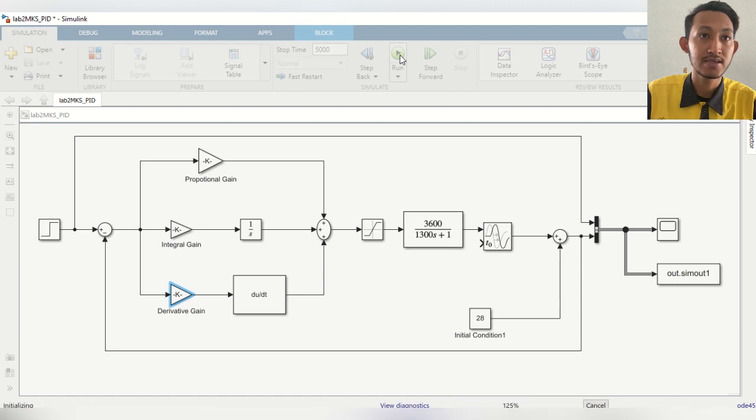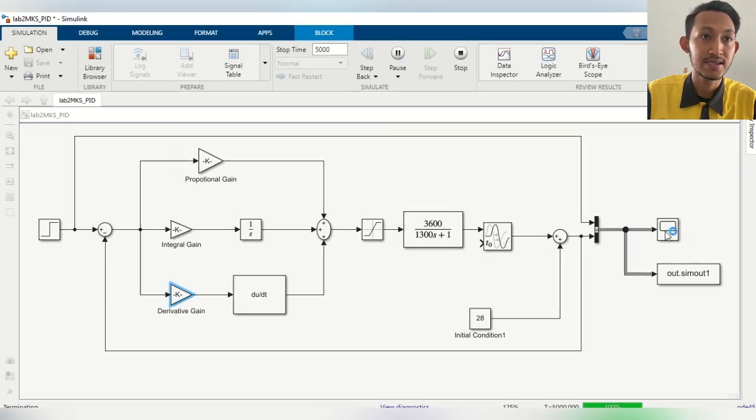We got Cmax is 74 and the set point is 65.